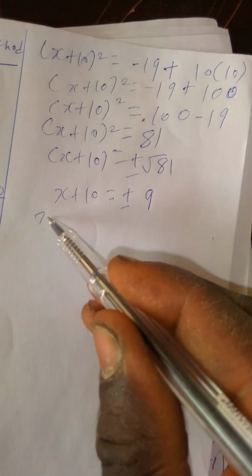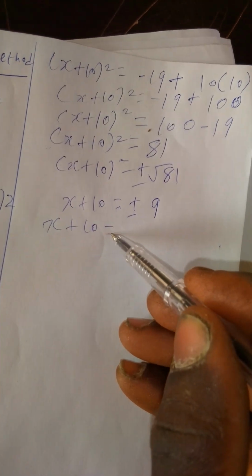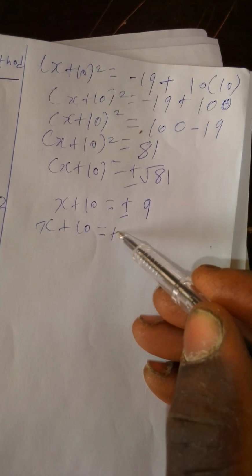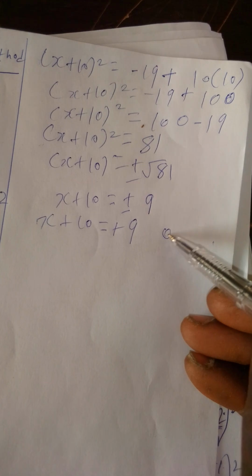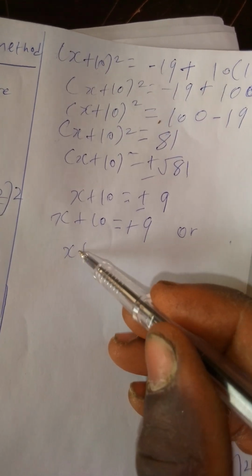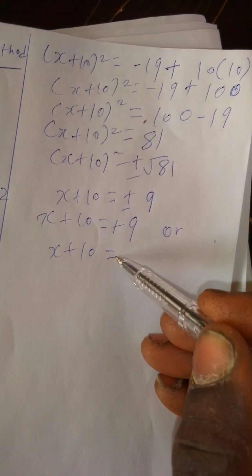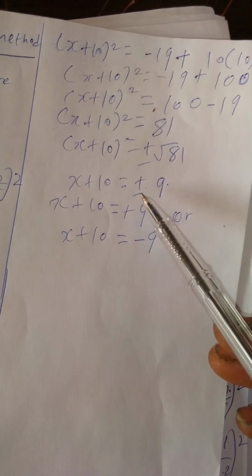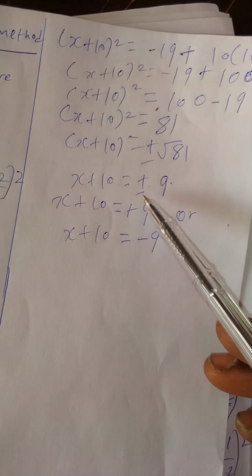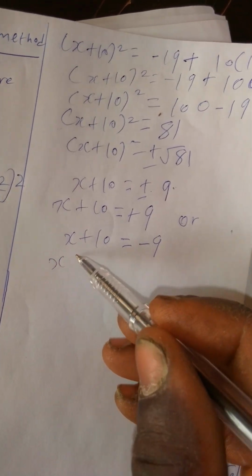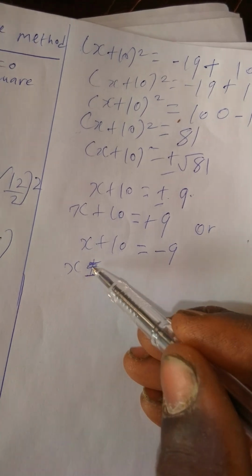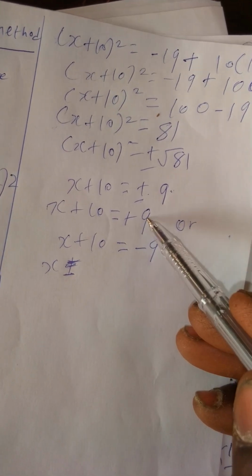So from here we have x plus 10 equals to plus 9 or x plus 10 equals to minus 9. Are you following? So either we have plus 9 or minus 9. That's what this means. So x equals to, here we have plus 9, right?